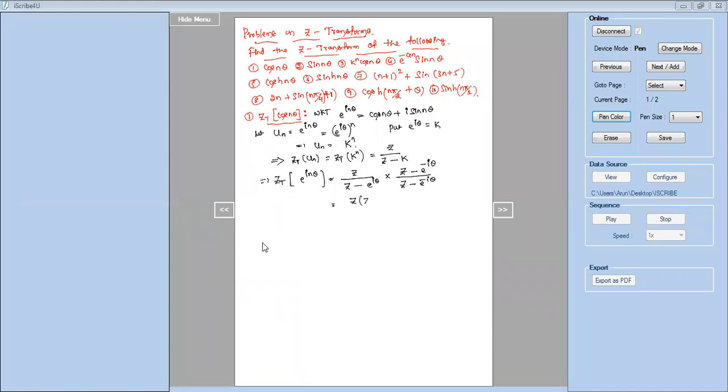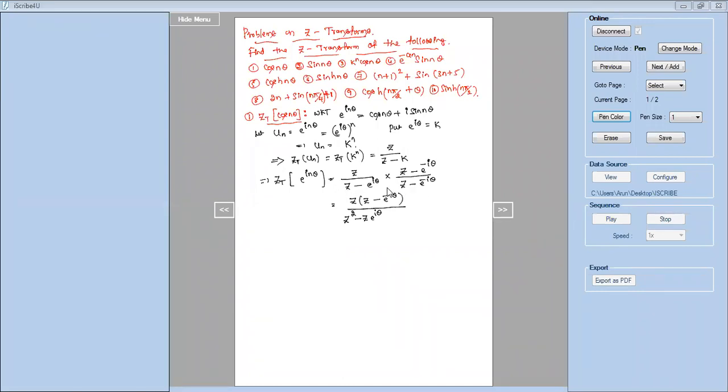It is z into z minus e power minus I theta divided by the denominator. The denominator, you just multiply the terms here. If I multiply the terms here, z into z is z square, the denominator I am multiplying, z square, then minus z into e power I theta, minus z into e power I theta, then minus again this, minus e power minus I theta into z.